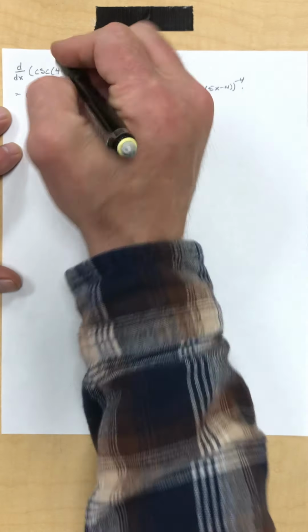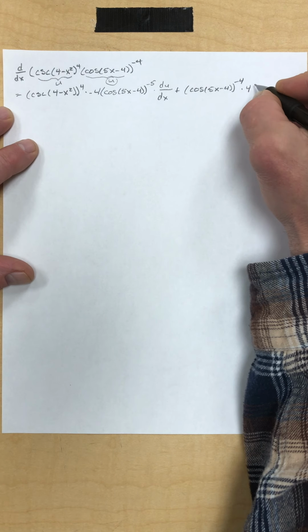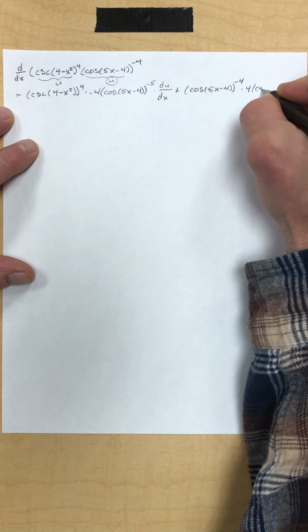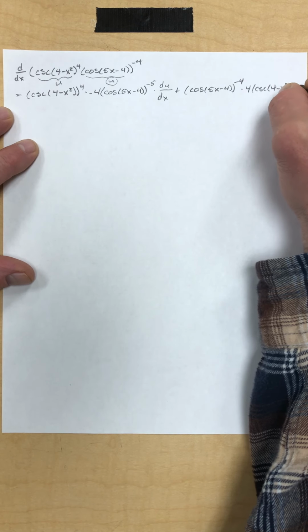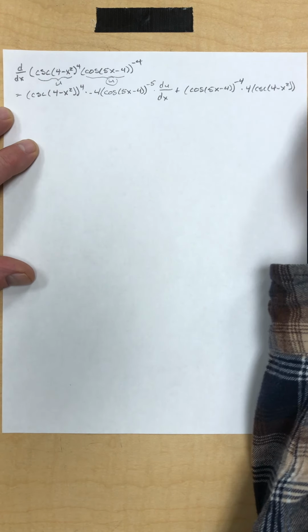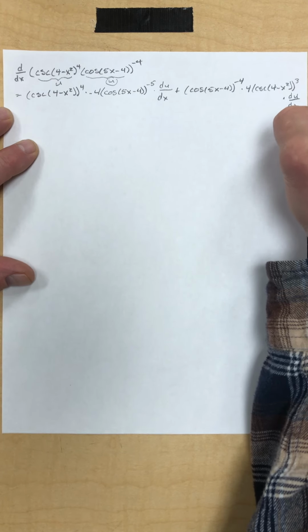So if I let that be u right there, it's going to be 4 times u, which is cosecant of 4 minus x squared to the 3rd power times du dx.